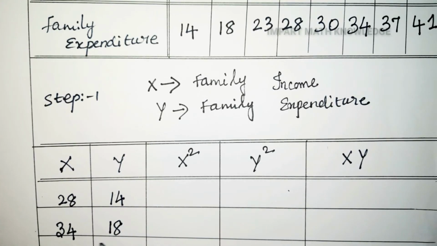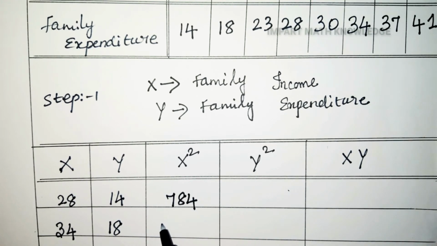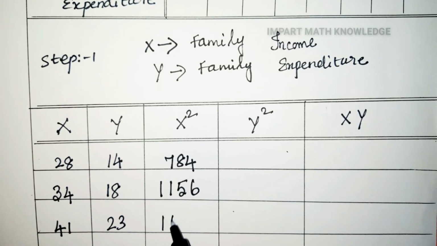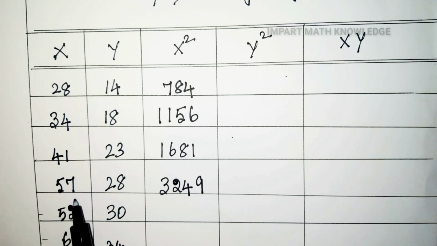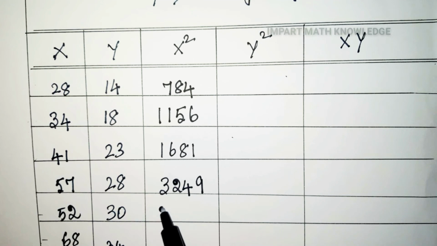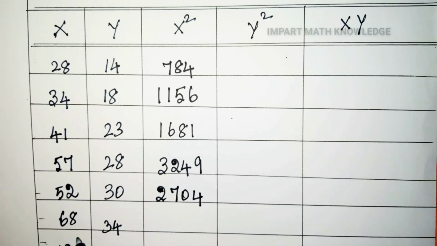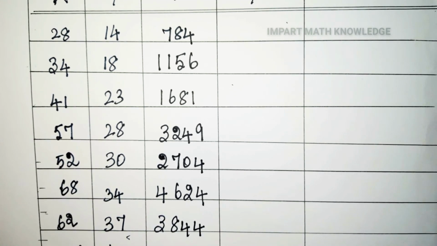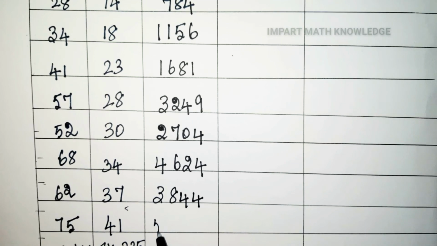Now x square value. 28 square is 784, 34 square is 1156, 41 square is 1681, 57 square is 3249, 52 square is 2704, 68 square is 4624, 62 square is 3844, 75 square is 5625.